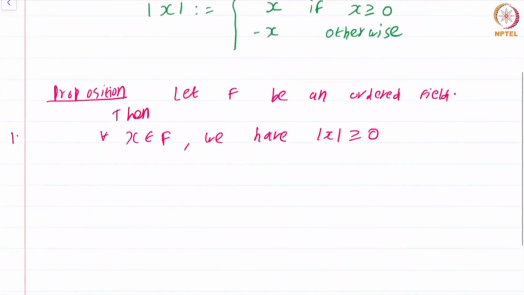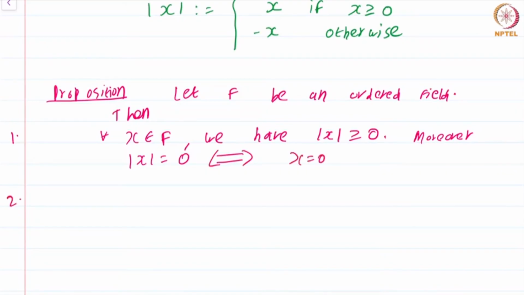Moreover, mod x equal to 0 if and only if x is equal to 0. Number 2: for all x, y in F, modulus of xy is equal to mod x multiplied by mod y.